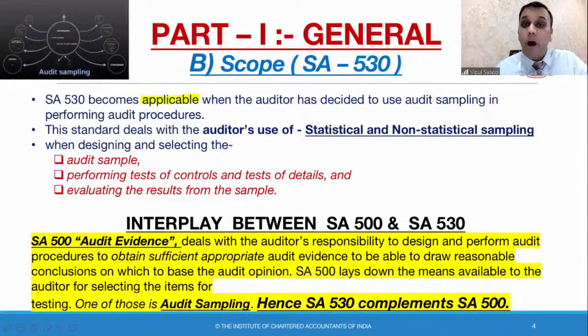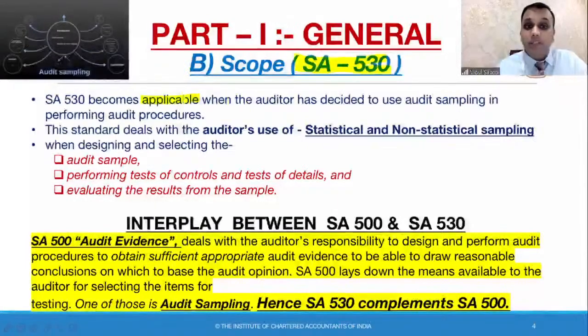There is no bar or limitation upon him that you have to use sampling when you cannot check each and every entry or control or account balance. So it is voluntary on the part of the auditor. But if he chooses to use audit sampling, he has to abide by SA 530. He has to follow SA 530.